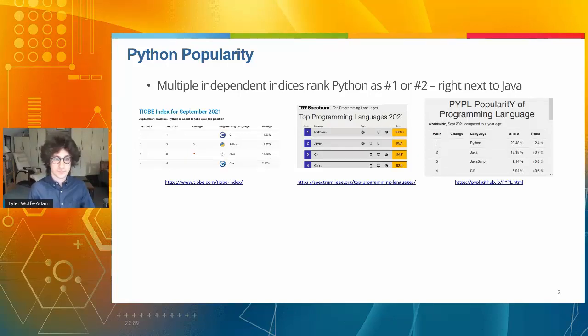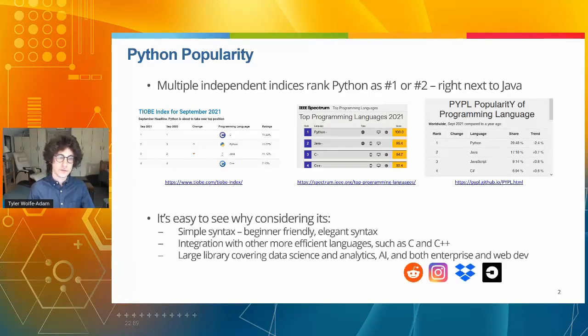right next to Java. And it's easy to see why, considering multiple different factors, such as its simple syntax, which is not only good for beginners as an introductory, but also makes for a more elegant language.